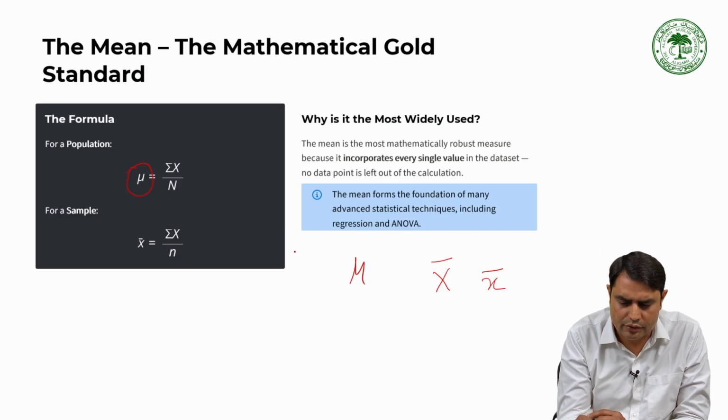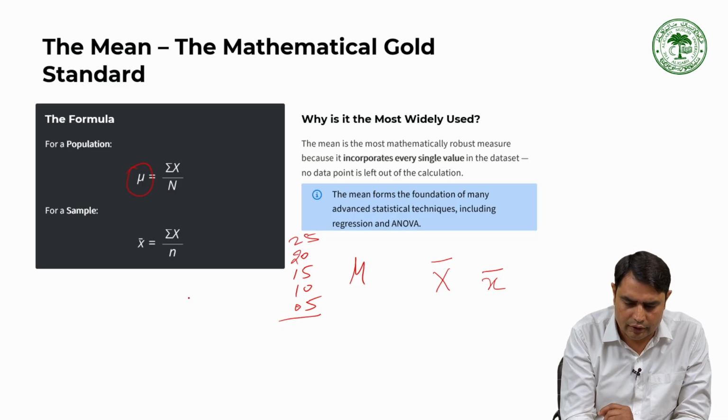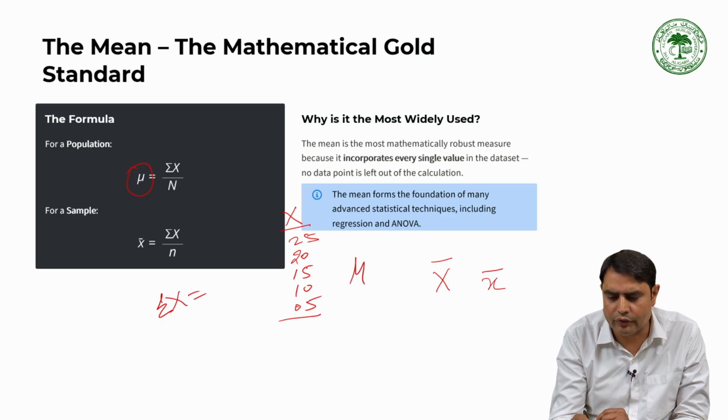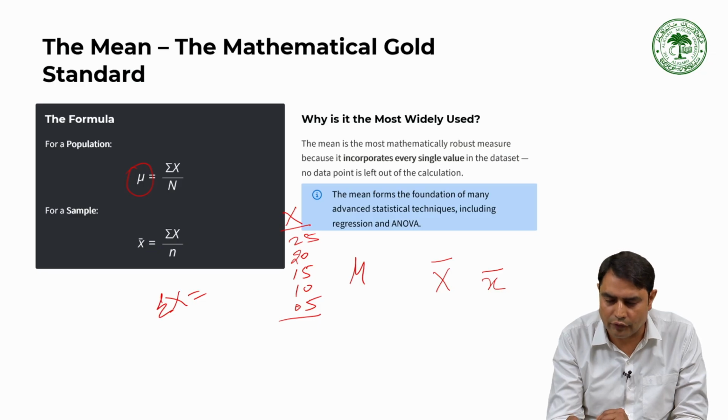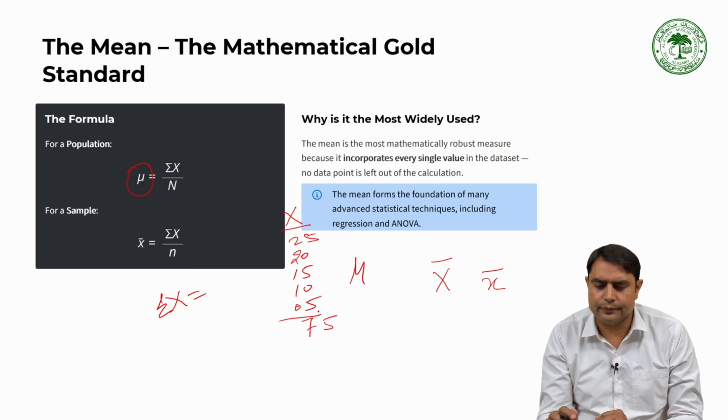If I have 5 values, say 20, 15, 10, 25 and 5, what am I going to do? I am going to take the total of it. If I say this is x, the total of x is summation x. So, what will be the value of summation x? We just need to take the total of it, and it is 75.